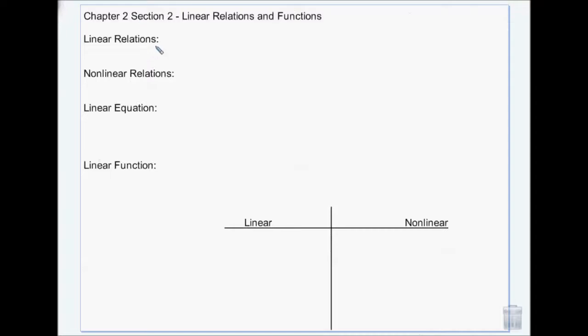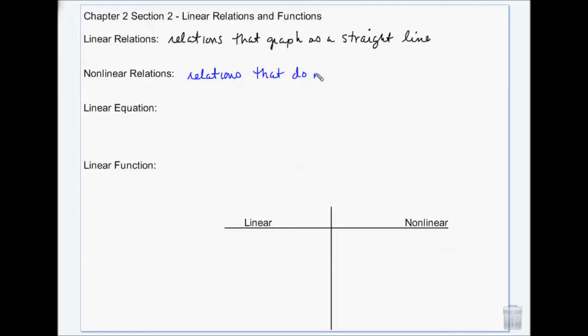Okay, linear relations. If it's linear, it gives you a straight line. If it's nonlinear, it's not a straight line. Very simple.